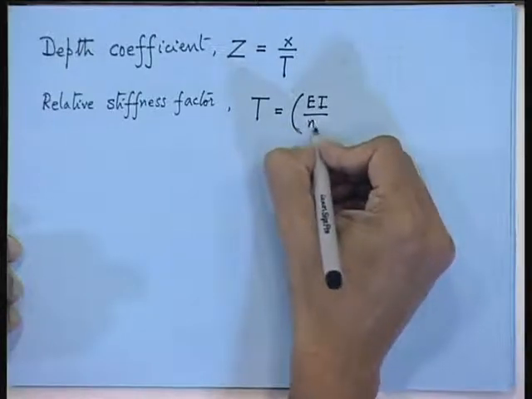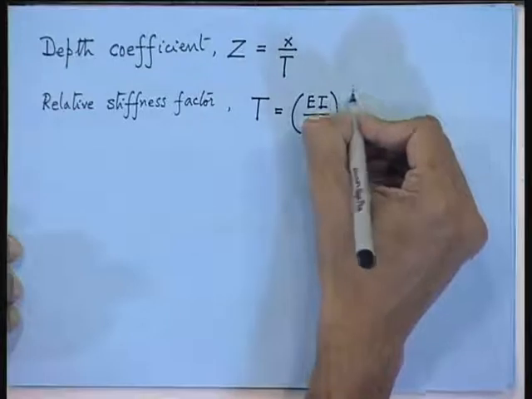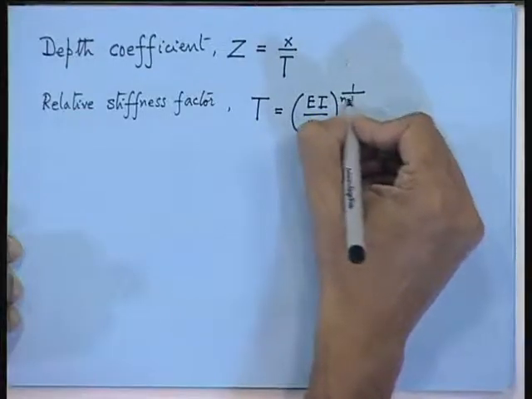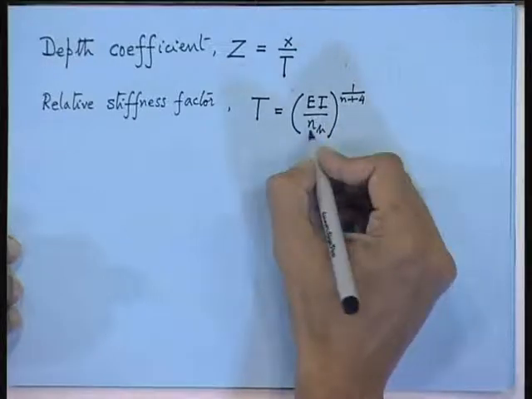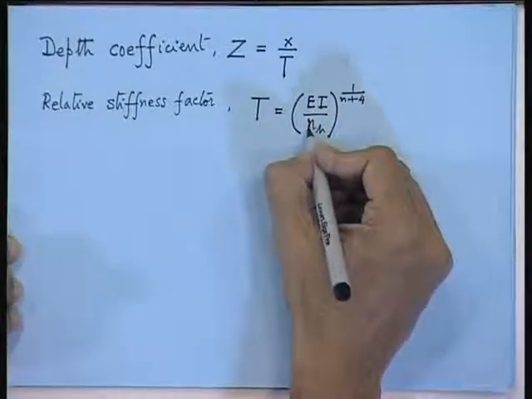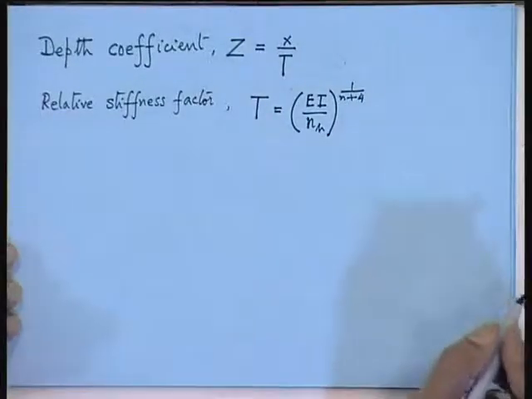Now, here that NH term will come. This is to the power 1 divided by n plus 4. Now, remember this n and NH is different. So, that is called a relative stiffness factor.